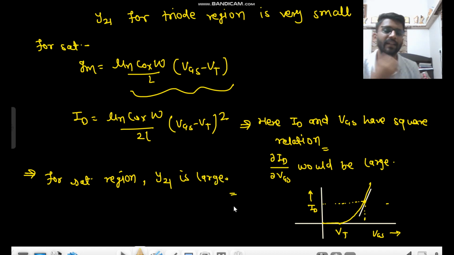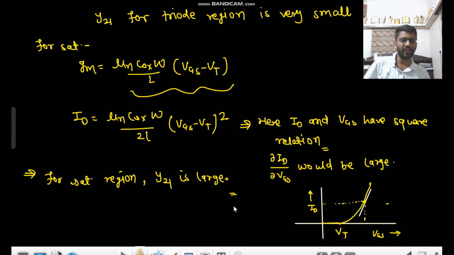So basically, if the interviewer asks you the question, you have to reply within a minute. So what will you say? The change in output current with respect to the change in input voltage is larger in case of saturation region, and in case of triode region it is less. How is it larger? You will just write del ID upon del VGS, change in output current upon change in input voltage, that is equal to the transconductance, that is mu n COX W by L VGS minus VT in case of saturation region.